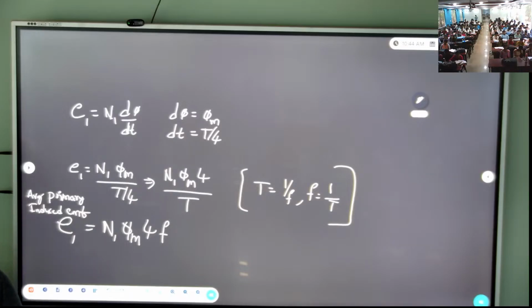How many values do we have for sine wave? Instantaneous value, maximum value, average value, RMS value. So which value you have to take from the sine wave? RMS value.